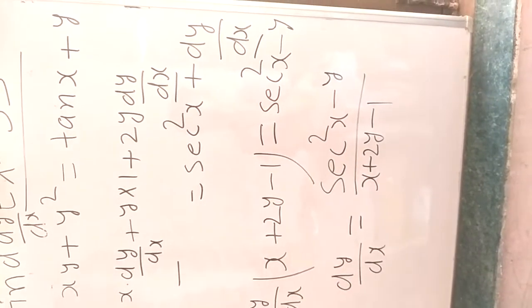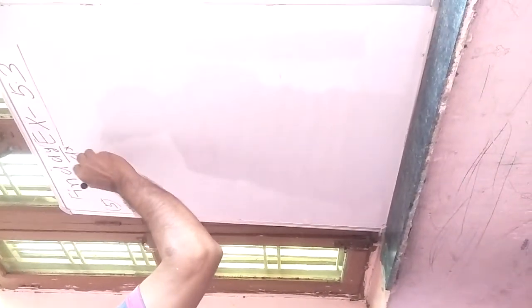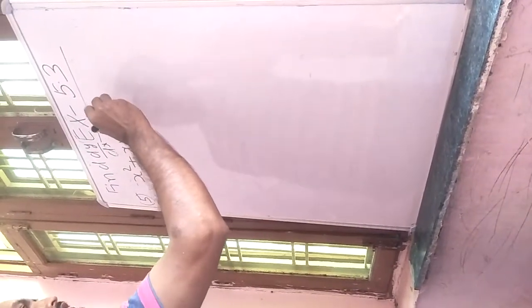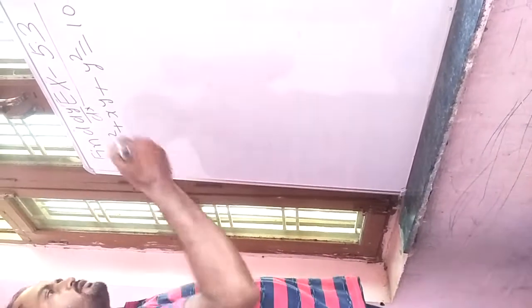This is very easy. Okay, this is the next question: x square plus xy plus y square equal to 100. Same, we have to process, we have to differentiate both sides.